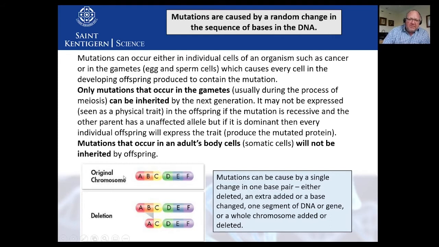So if you look here at the bottom, you can see here's our original chromosome, A, B, C, D, E, F. But then there's a deletion mutation, and it deleted the B, and suddenly now we have A, C, D, E, F. Okay? And when you have A, C, D, E, F, it will change the amino acid sequence, and that changes your protein.